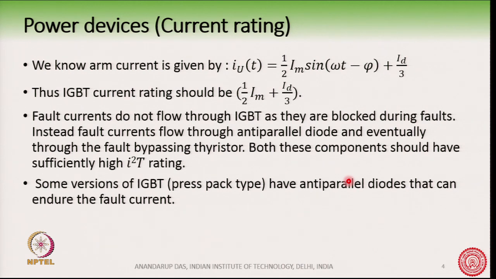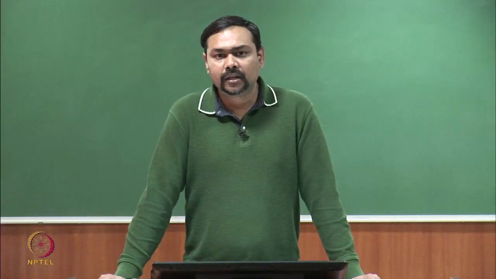Now, fault currents. When a fault happens, the fault current momentarily flows through the IGBTs. Within about 10 microseconds, the IGBT gate drive protection will block the gate pulses, and hence the IGBT will be shut off, and subsequently the fault current will be diverted to the anti-parallel diodes.